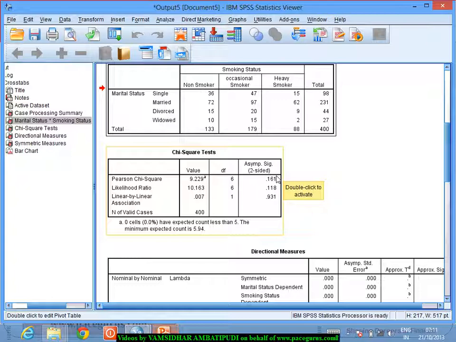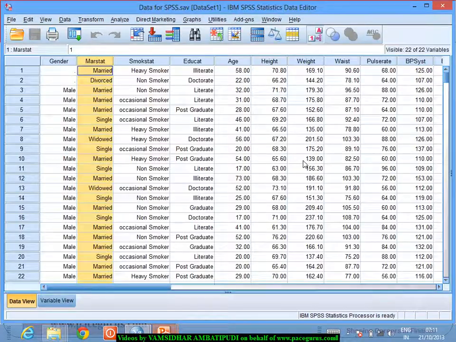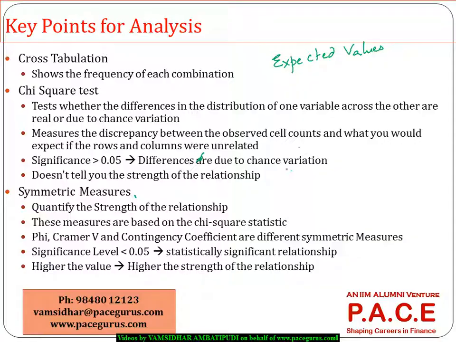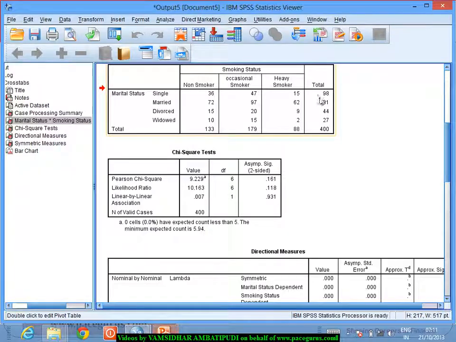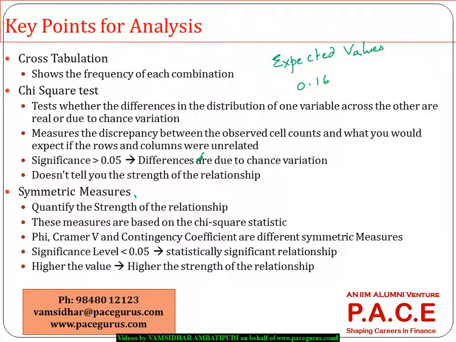As a business user, I'm only bothered about this significance level here. 0.16. That one single number will really help me out. 0.16 is the significance number. So compare it with 0.05.